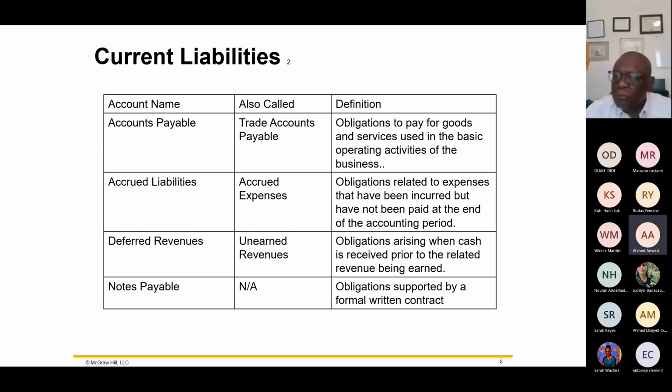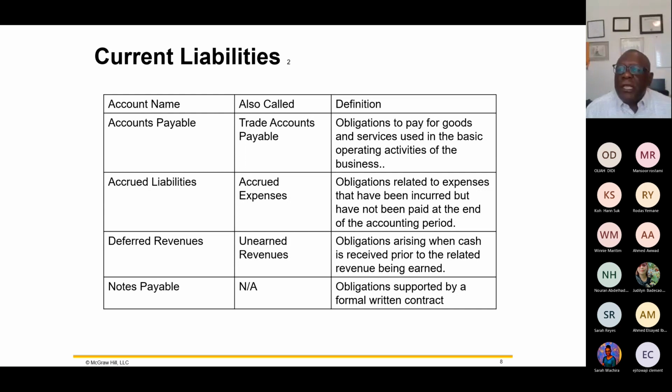Okay, it's when the company buys goods or services to use in its operating activities, and they buy it on credit. Buy on credit. You have added what will make it true.